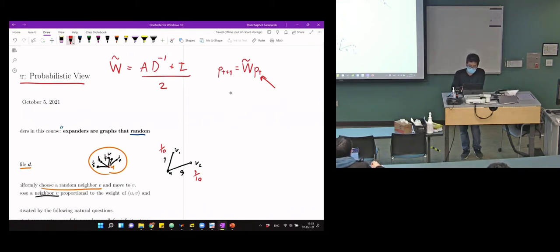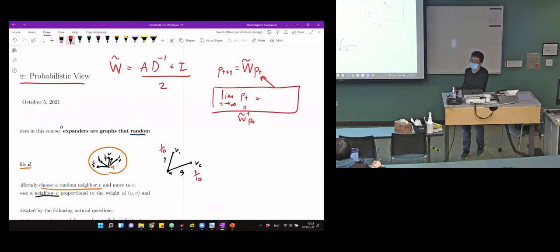And we have seen that the limit when t is going to infinity of this, basically p_t, is what? This limit. Yeah, it's the degree vector normalized.